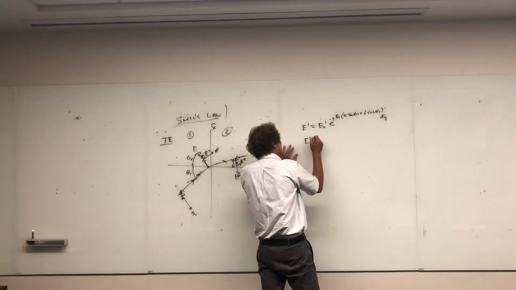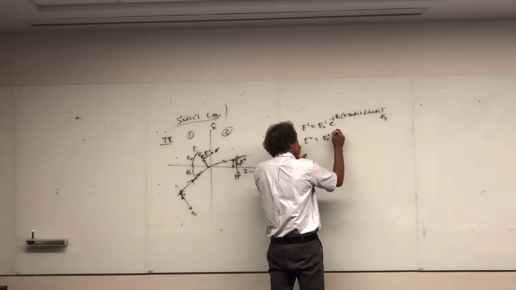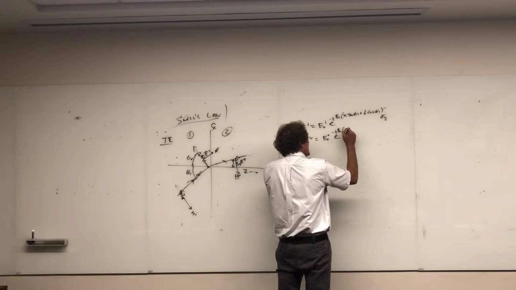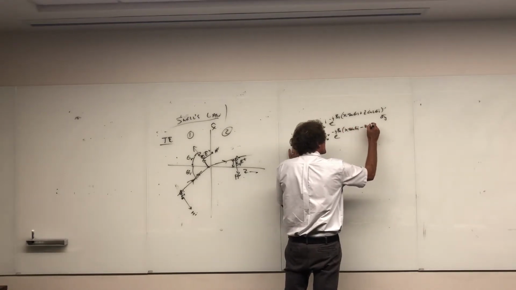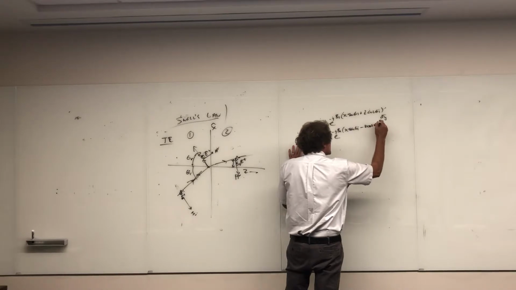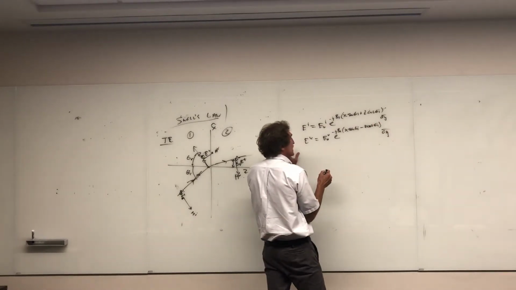The reflected field will be equal to E naught reflected, e to the minus j beta 1, x sine theta incident, but it'll be minus z cosine theta incident because it's going in the opposite direction. We'll still have an a_y sense to it.